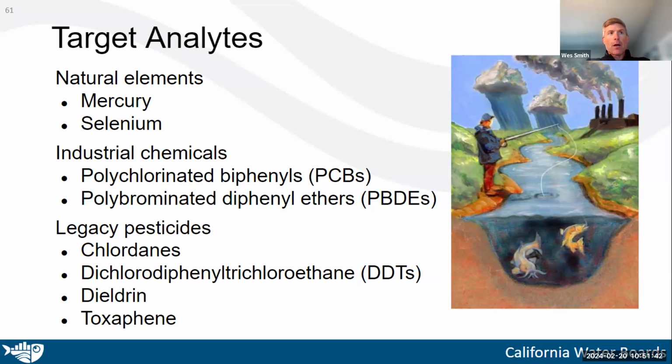Throughout my time at OEHHA, we have not developed and released a new ATL. These ones were all developed in approximately the 2008 era. So that's a good question. And we are working on PFAS because we're seeing, as Jay discussed, detects in San Francisco Bay and across the country.